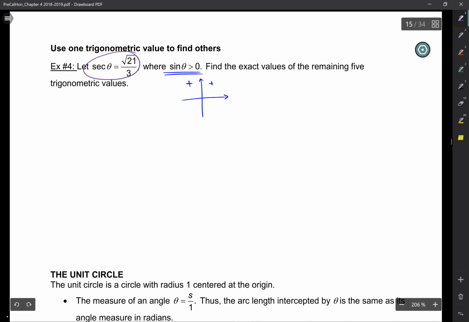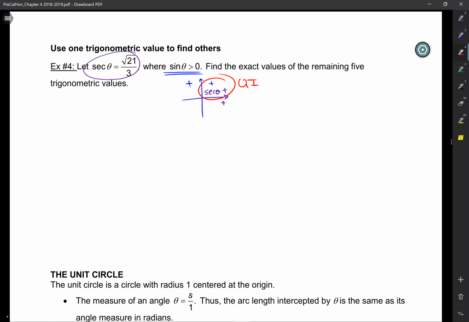Secant is like cosine, and we're given a positive value for that, right? So secant is positive in the first and the fourth quadrant. The quadrant where both of them show up is where all of our answers are going to lie. So in this case, all our answers are going to lie in quadrant 1.